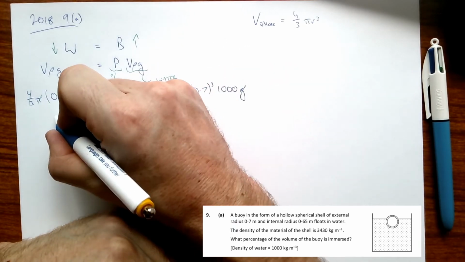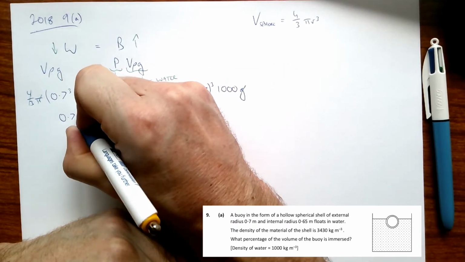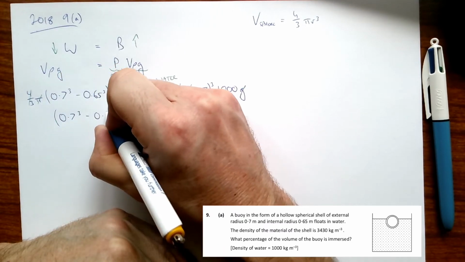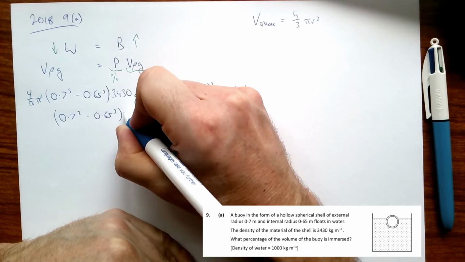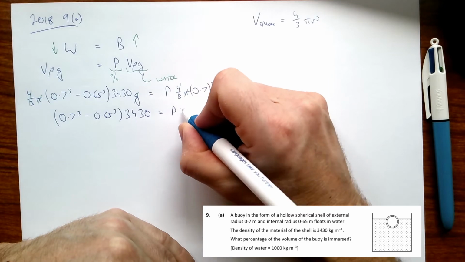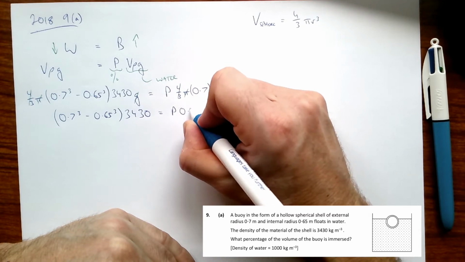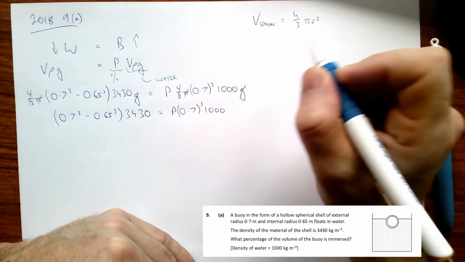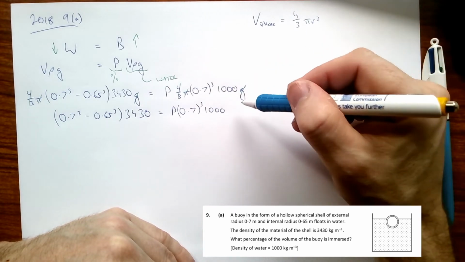So that's 0.7 cubed minus 0.65 cubed, times 3430, equals p times 0.7 cubed by 1,000. Okay, well that's a little bit less terrifying.